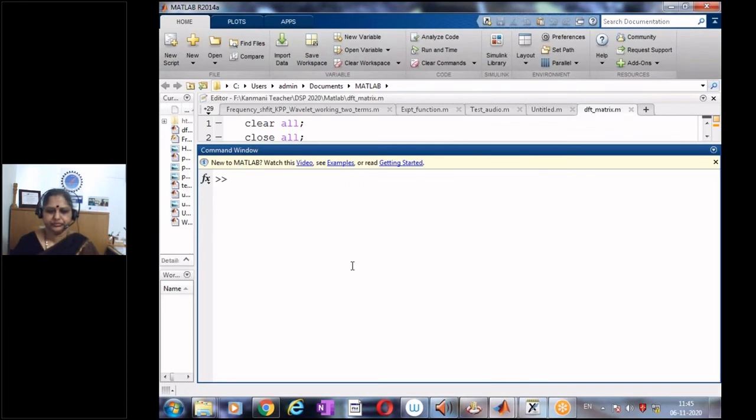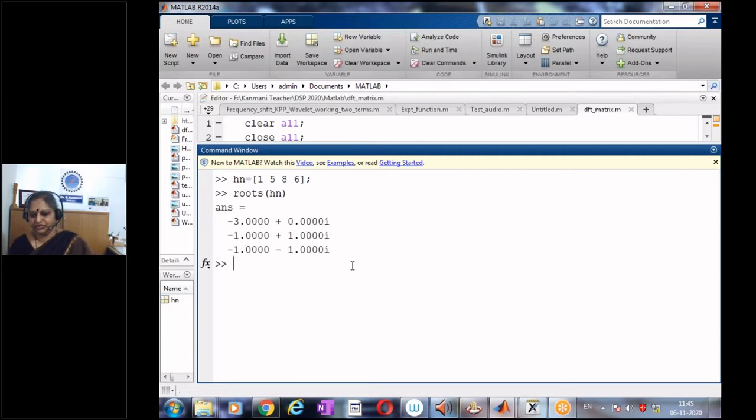So here I have my sequence. The impulse response was given by 1 5 8 6, and let me try to get the roots of the numerator, roots of this h of n.